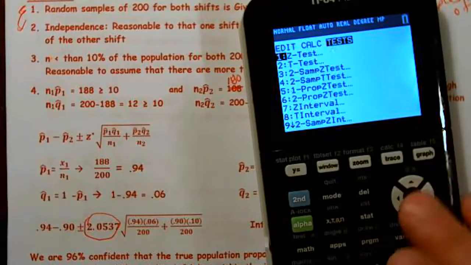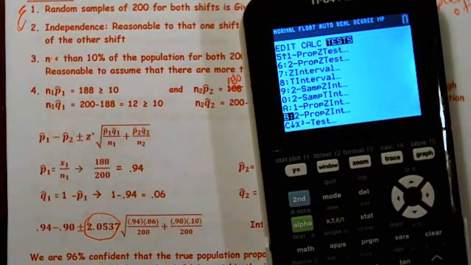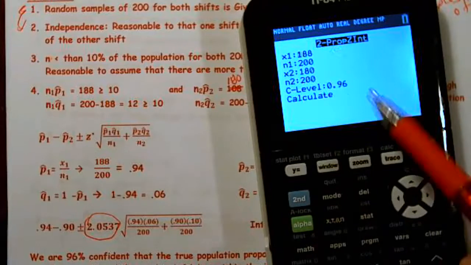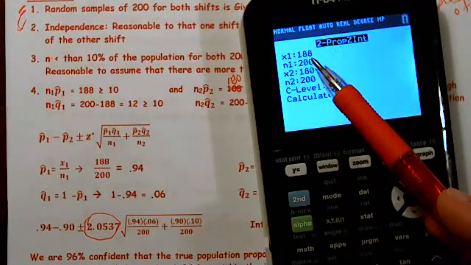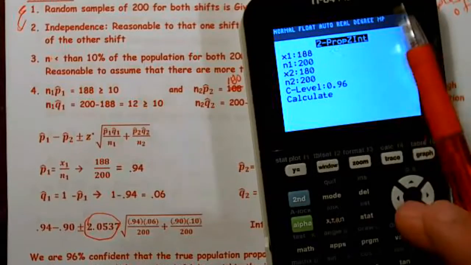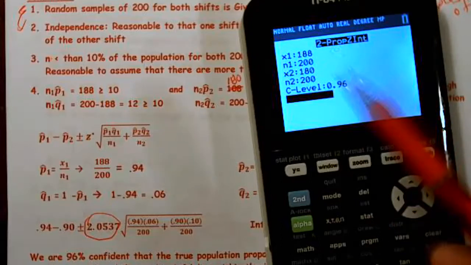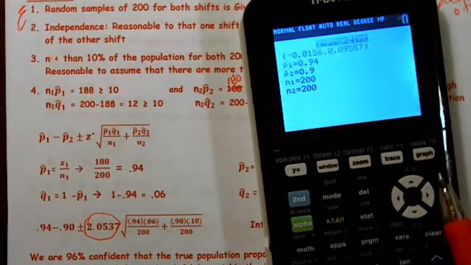So stats test, and I have to scroll way down to 2 proportion Z interval. 188 good parts out of 200 for the day shift, 180 good parts out of 200 for the night shift, confidence level of 0.96.